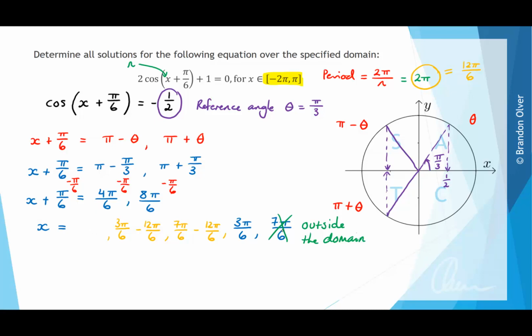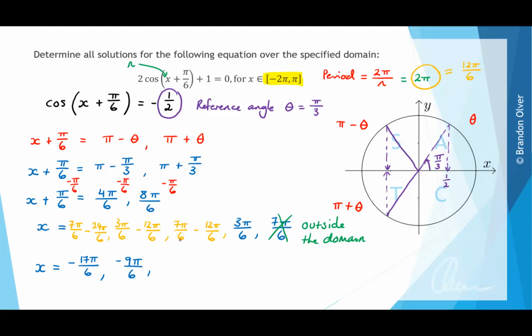So we're going to have our 7 pi on 6, and I'm going to subtract 2 periods from that, which will be 24 pi on 6. And now when we evaluate that and simplify it down, we're going to have 7 pi on 6 minus 24 pi on 6 is going to be negative 17 pi on 6. We're going to have 3 pi on 6 minus 12 pi on 6, which is minus 9 pi on 6.